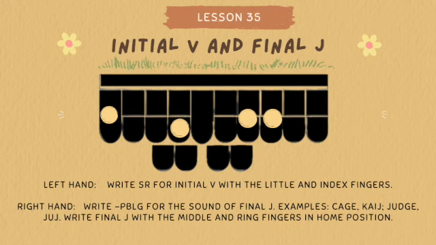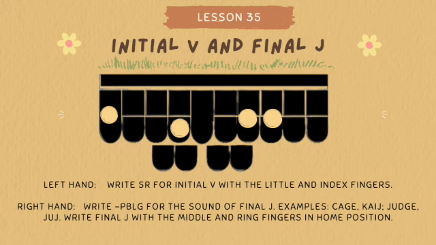Again, initial V is represented by initials S and R. So we are going to use our left little and index finger. We are going to write the letters S and R for initial V.